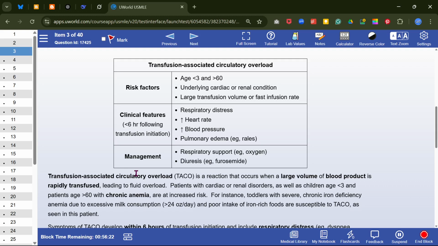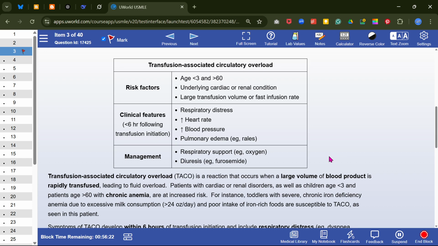This patient has TACO, transfusion associated circulatory overload. TACO is a reaction that occurs when a large volume of blood product is rapidly transfused, leading to fluid overload.